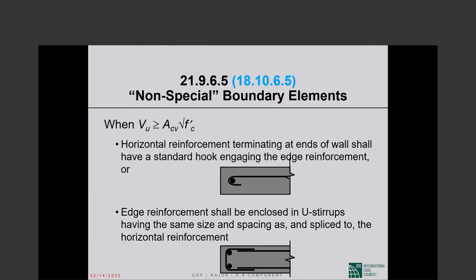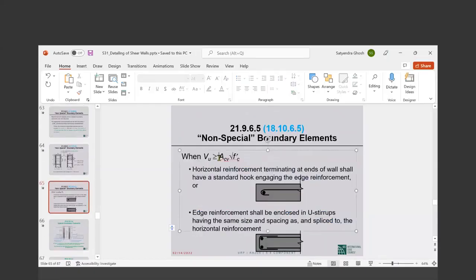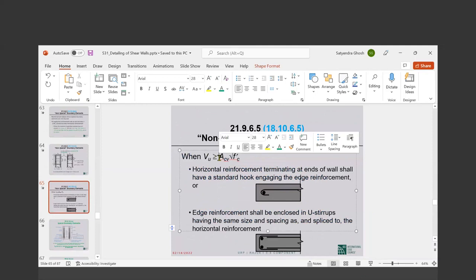When we do not have special confinement or non-special confinement at the end, how do we anchor the shear reinforcement? So when, here I forgot, this should be 0.08 in your units. Our unit is 1 square root.